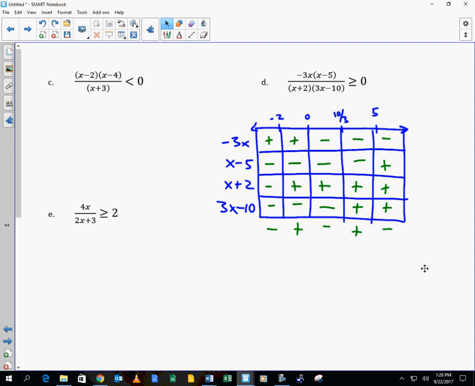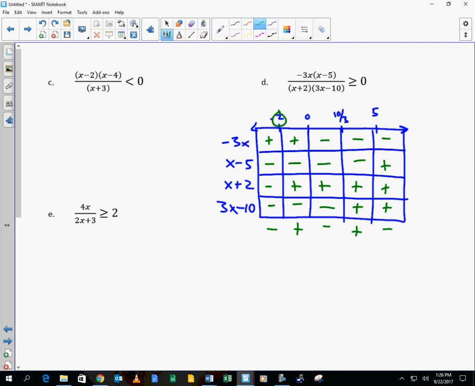So now is the only time I'm focused on the inequality sign. Am I wondering where the answers are positive or where they're negative? Positive because of that symbol. Now, be very careful here, okay? Very careful. This is something we don't see yet, and this is where people can get confused. We have to see this part through, okay?